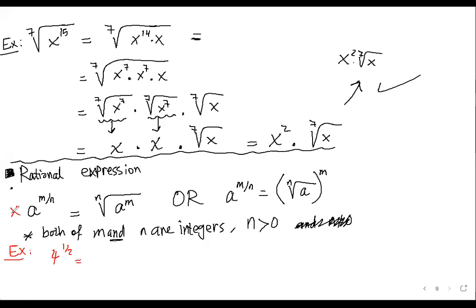By using this formula, a here is 4, m is 1, n is 2. So 4 to the power 1/2 is the square root, or the second root, of 4. The answer is 2 exactly.